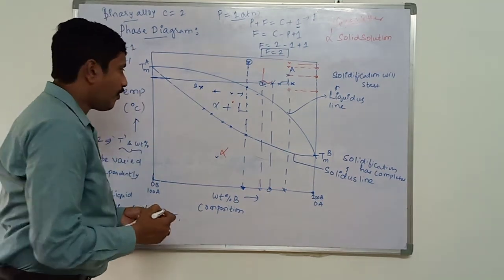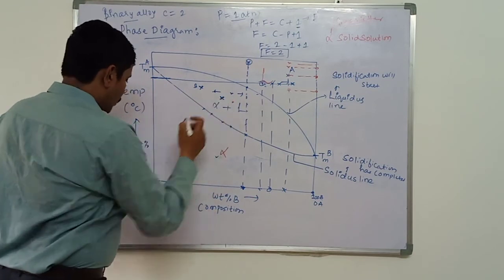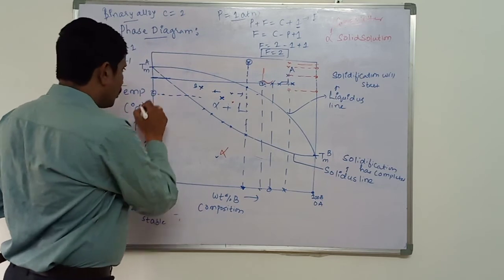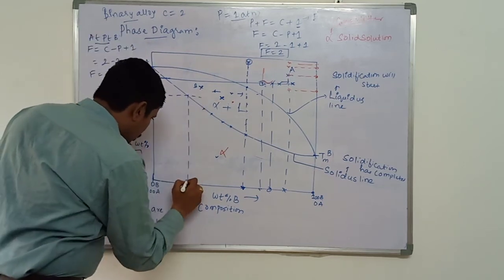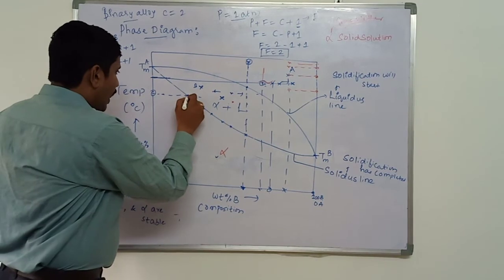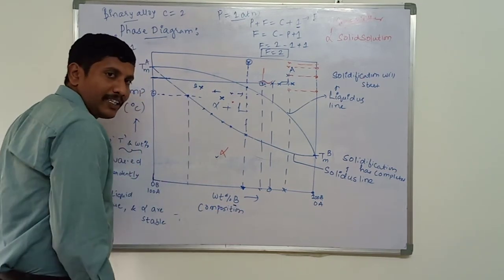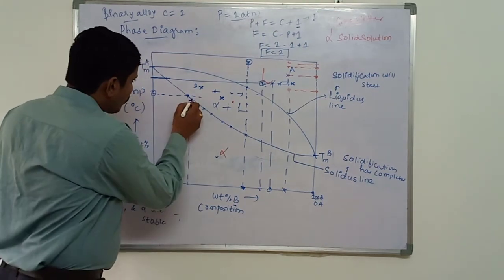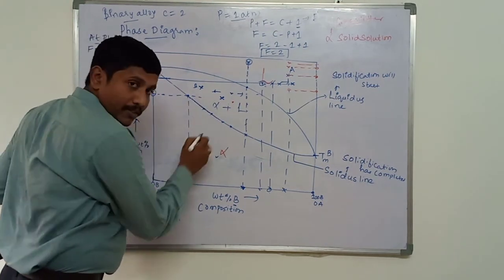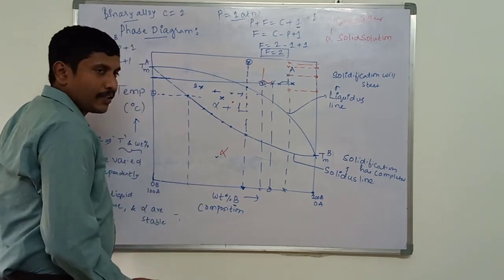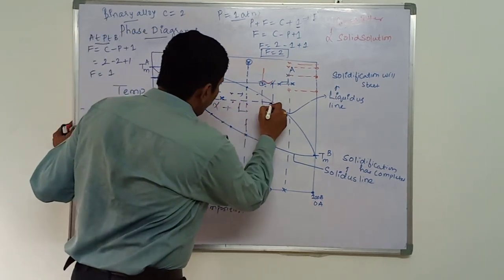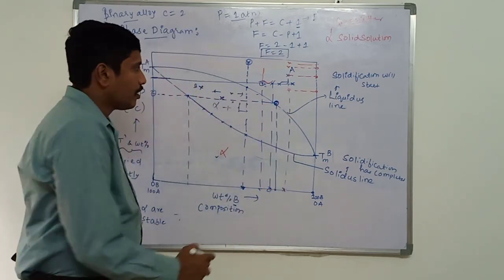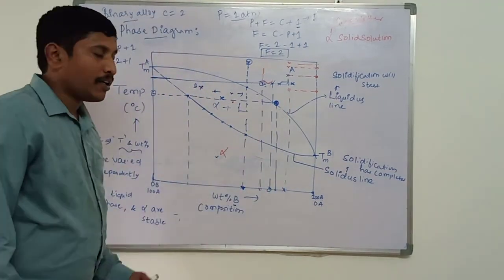It means, for example, if you take a particular temperature value, the composition of the alloying element in the solid phase, this is the alpha solidus line, alpha solid solution phase, and the composition of the alloying element in the liquid phase is constant.